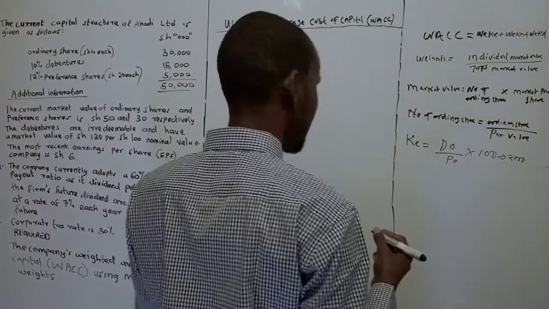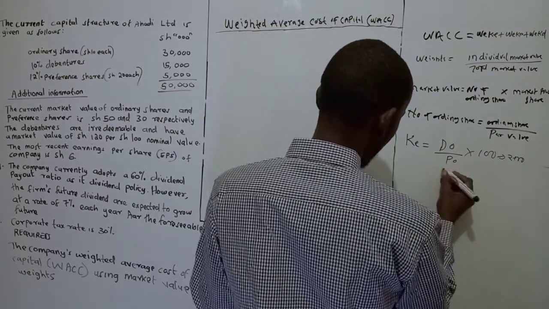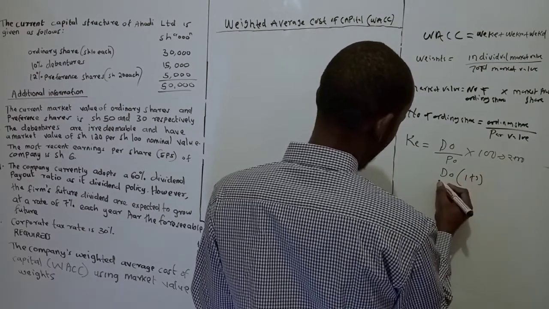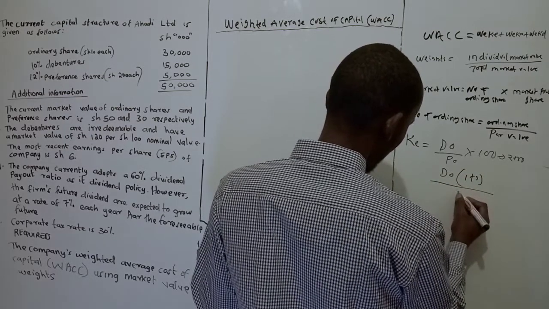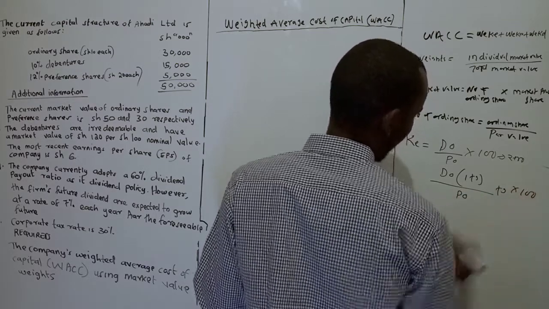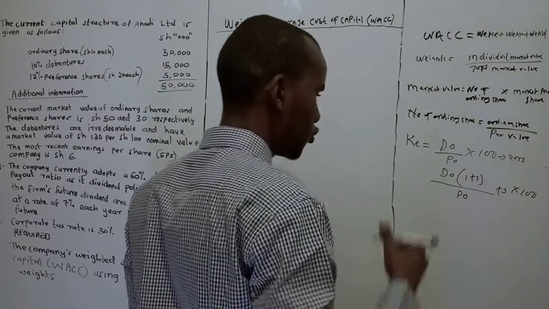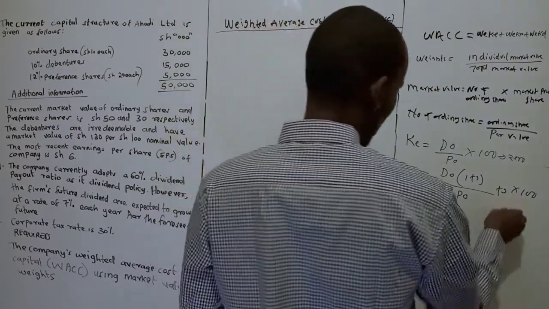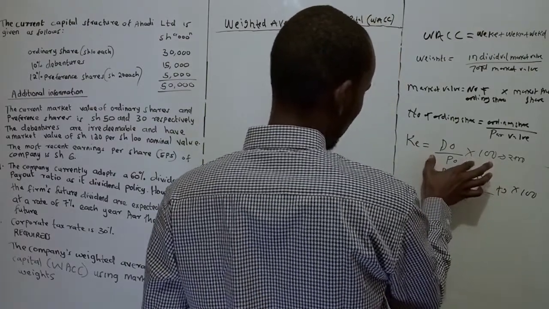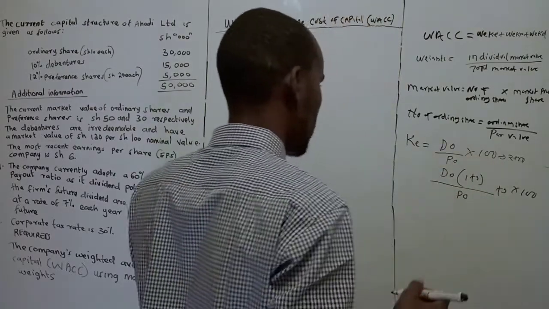But for our case, if it has a growth rate, then we grow that dividend. We take D0 times 1 plus g, divide it by P0, then we add g, then multiply by 100. This is for the case of growth. If the dividend is going to grow, for our case we are going to use this. But if it does not have a growth rate, we use the other formula.